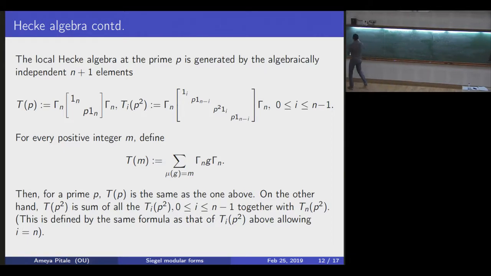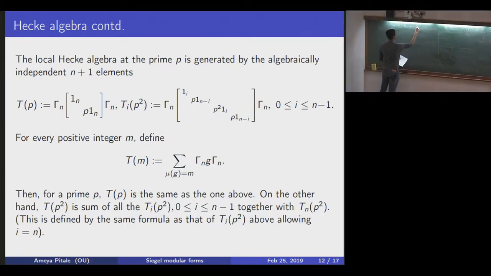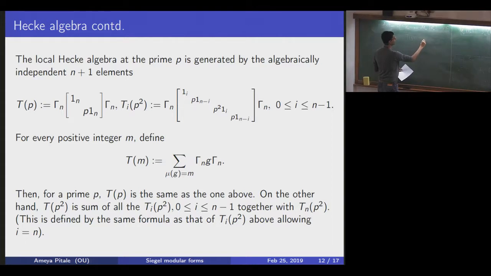The action of Hn on Mk of Gamma n. If I take a modular form F and a g in Gn, I can define Tg as the double coset corresponding to this g.